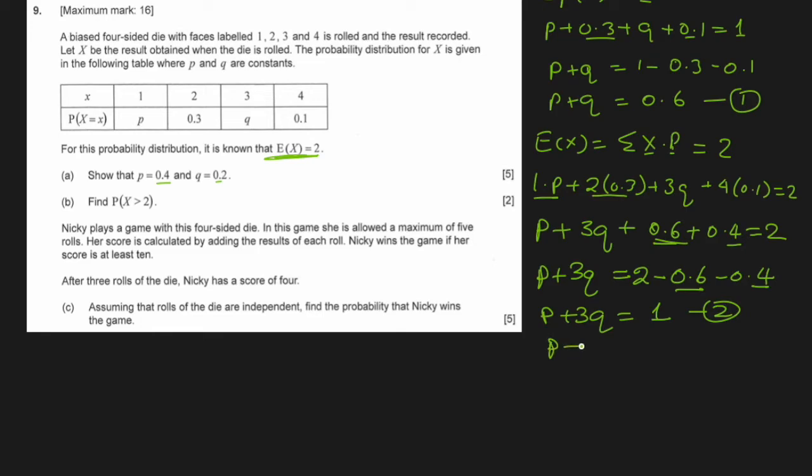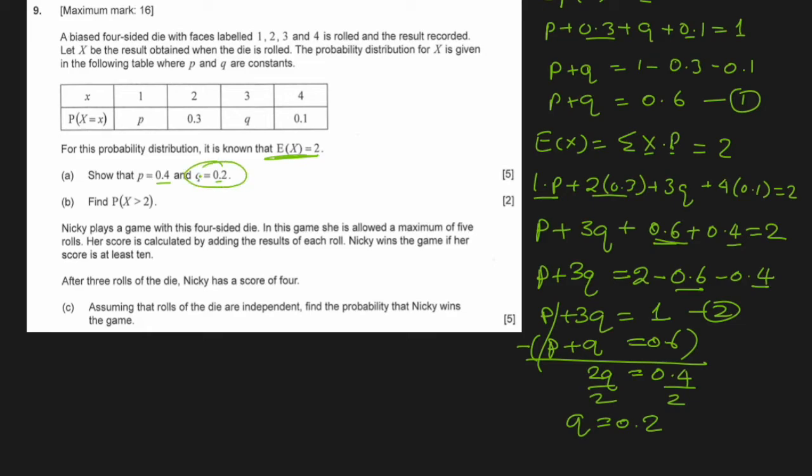We already knew p plus q was 0.6. If we subtract the first equation from the second, p minus p is 0, cancelled. 3q minus q is 2q, and 1 minus 0.6 is 0.4. So divide both sides by 2. Q is 0.2.